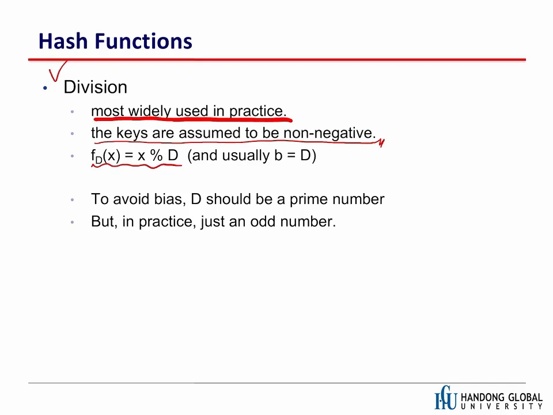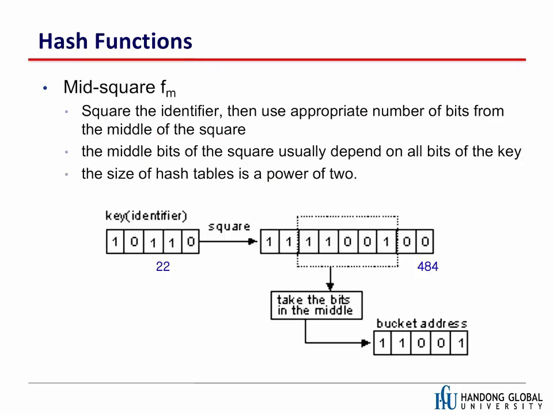When we have D buckets, by the modulo operation we can distribute the identifiers into the buckets. To avoid bias, D, the number of buckets, should be a prime number, but usually just an odd number is fine. Just the modulo operation is not enough. Applying the modulo operation does not distribute the identifiers evenly over the buckets.